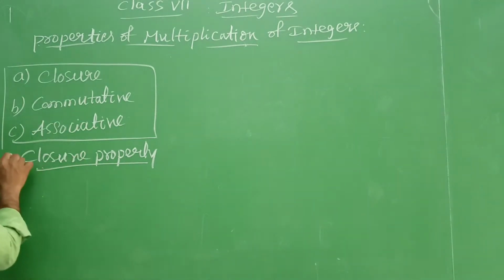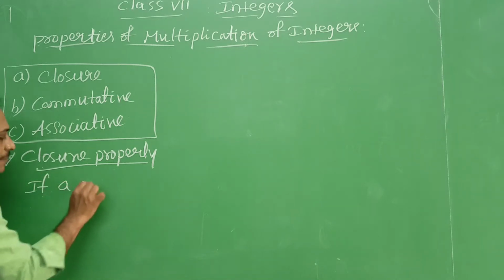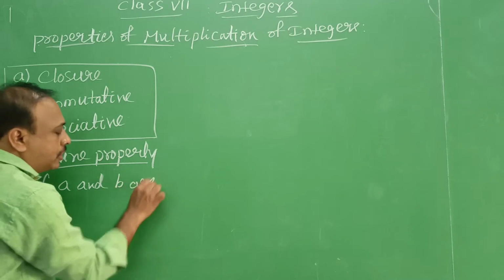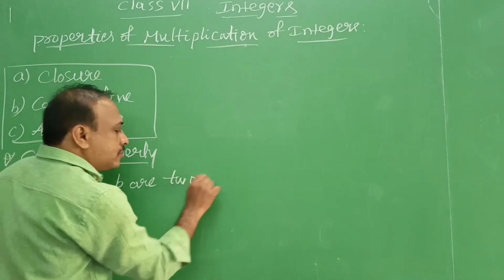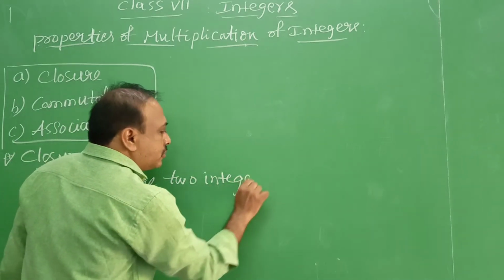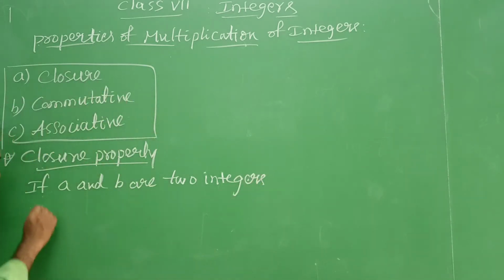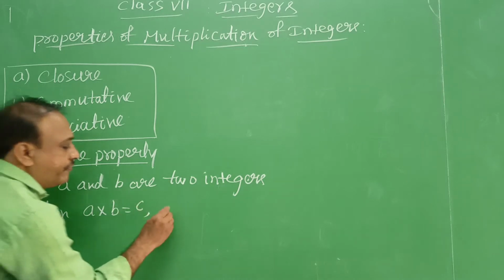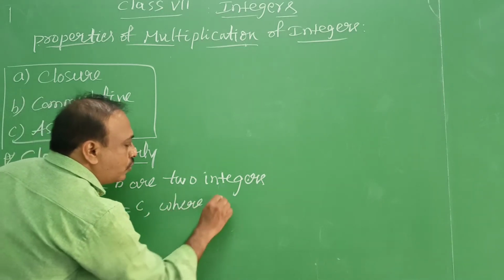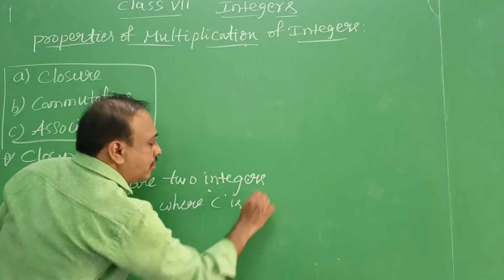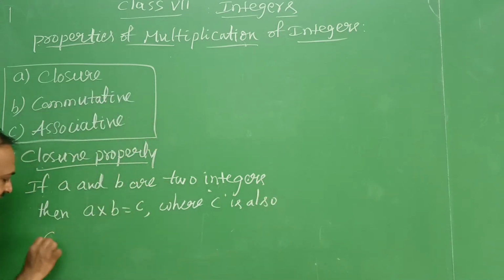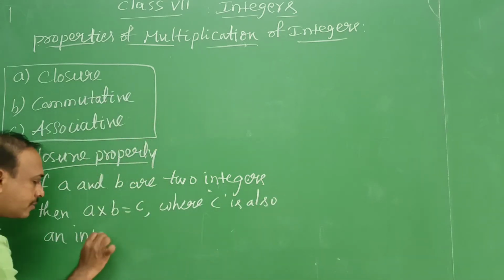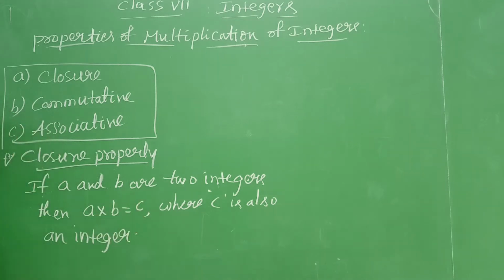If A and B are two integers, then A into B is equal to C, where C is also an integer.